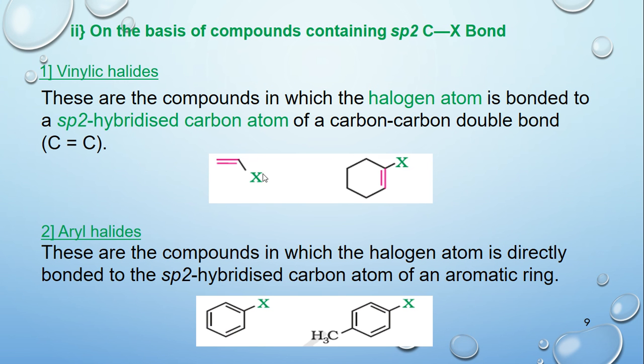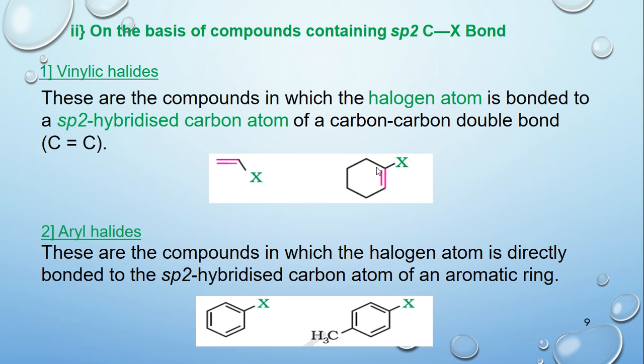So look at the structure. We have a halogen atom. This halogen atom is bonded to sp2 hybridized carbon atom of the double bonded carbon atom. Okay, halogen attached to the carbon atom which is immediately bonded to a second carbon atom by a double bond. So this is called a vinylic halide.